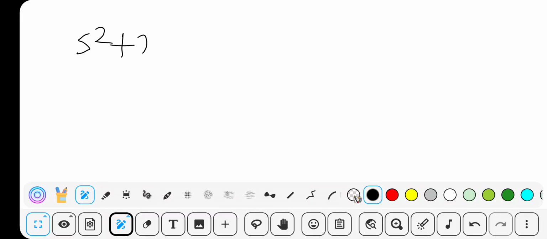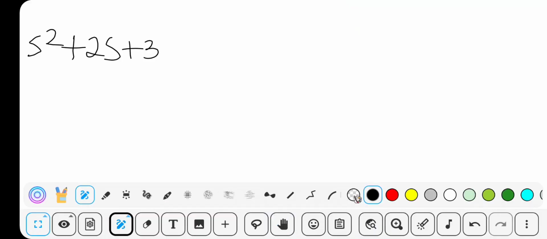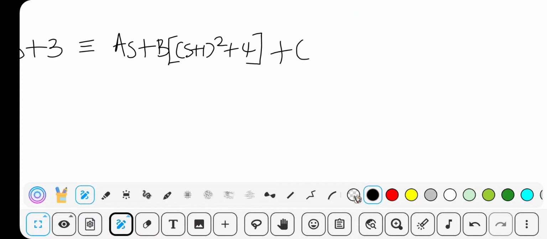You'll be left with only the numerators as s squared plus 2s plus 3 equal to as plus b times s plus 1 all squared plus 4, plus cs plus d times s plus 1 squared plus 4.